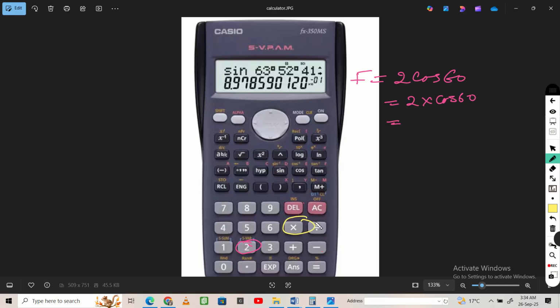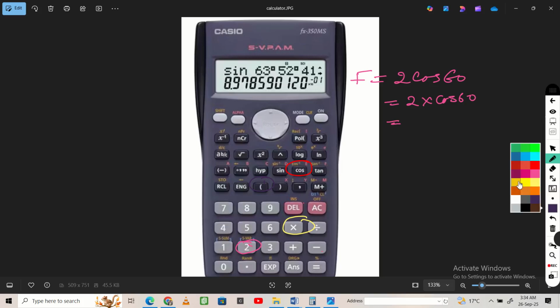After you press the multiplication, you go to the next, you press cos. After you have pressed cos, you go to the next color, you open the bracket, and you press 60.